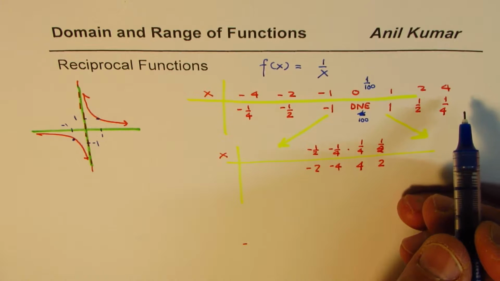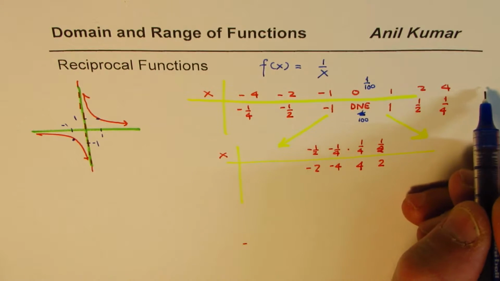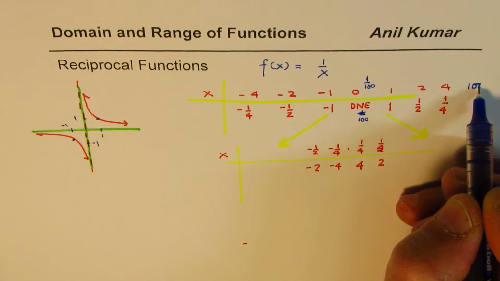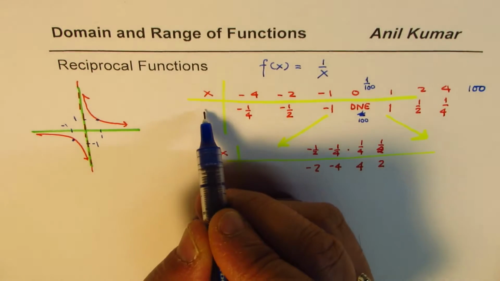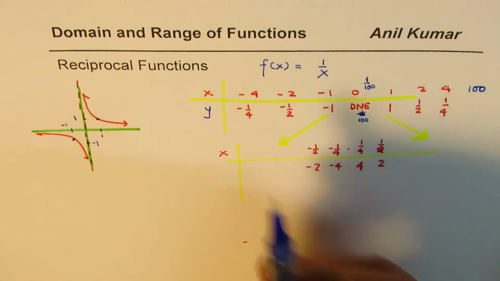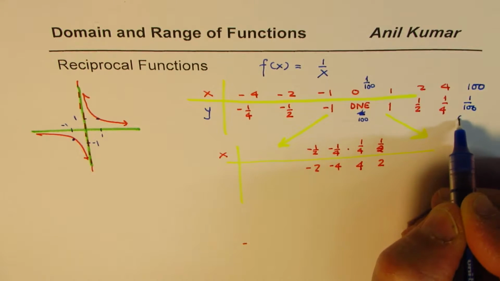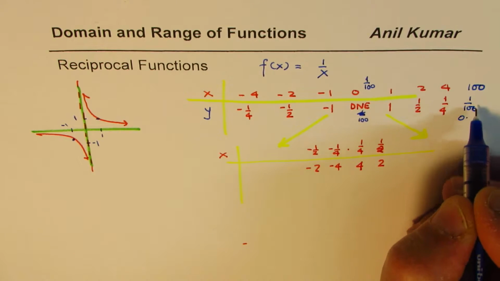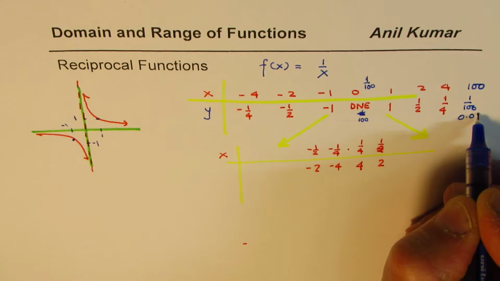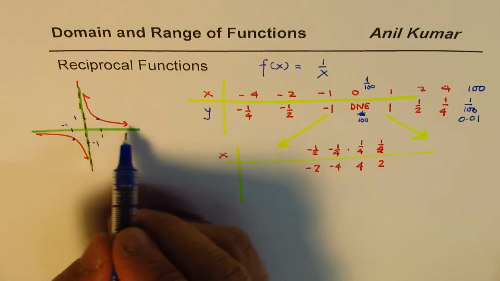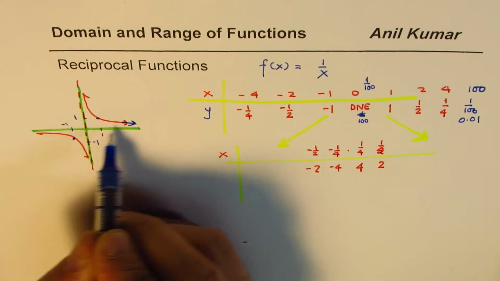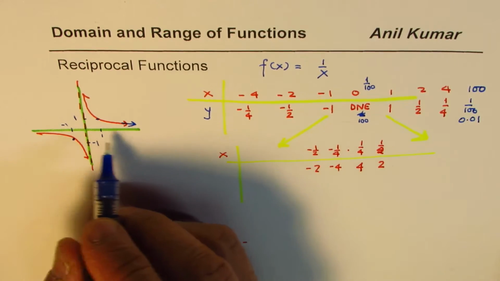On the other hand, if I take a number on this side which is very large, 100, then the y value, or f of x, will be 1 over 100, which is 0.01, extremely small. So it is approaching 0. Do you see that? That is called the horizontal asymptote.